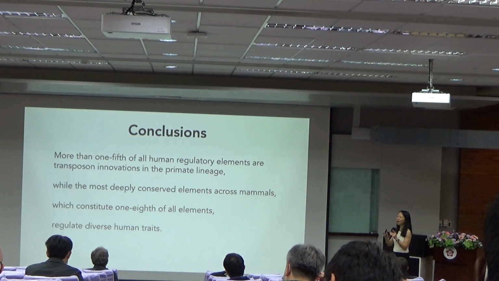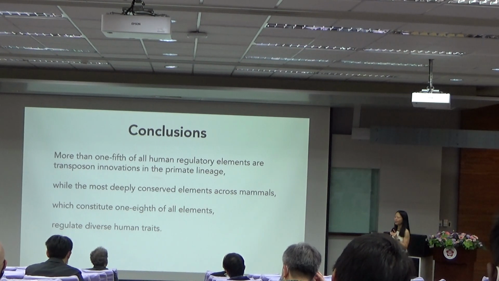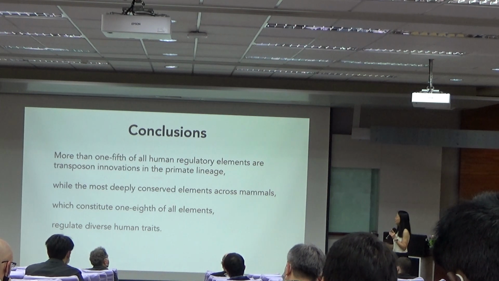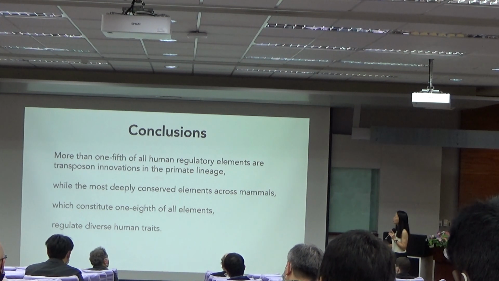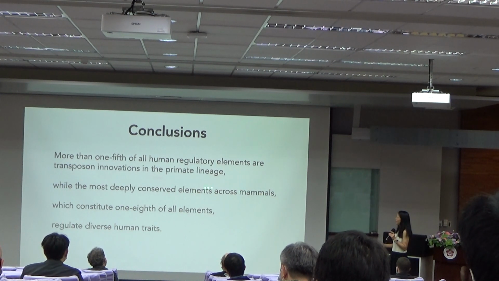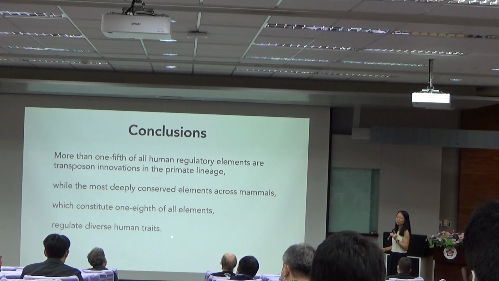However, no matter how fun those things are, if you care about explaining human traits and diseases, you really need to look at the other extreme of the spectrum: the most deeply conserved elements across mammals, which are roughly 1/8 of all of the elements I've been telling you about. These conserved ones are the ones most likely to regulate the diverse human traits.